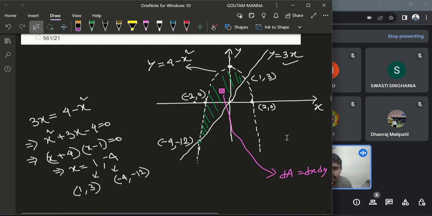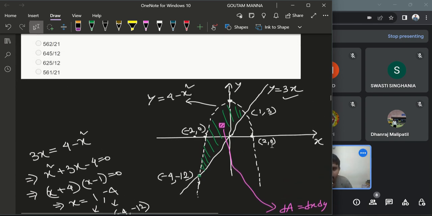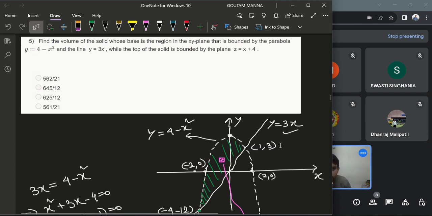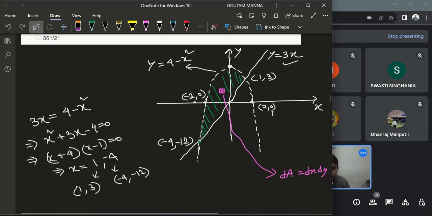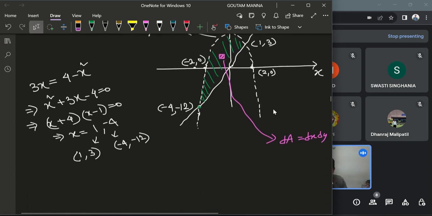This is the area element, and the corresponding volume, if I multiply it with z, will give me the corresponding volume bounded by this region in the xy plane and this z equals x plus 4 plane. Okay, so the dV will be z times dA.